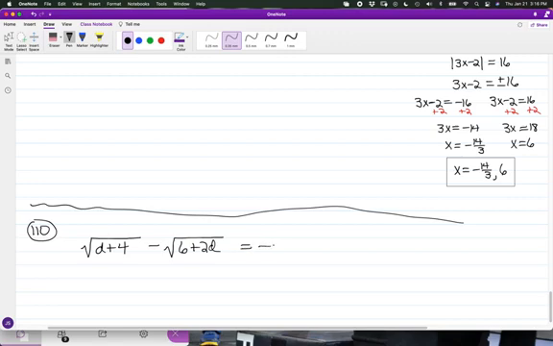So we've got a difference of radical terms. Both of these are expressed in terms of square roots, and we can isolate either one of these radicals. So I'm going to get the square root of d plus 4 by itself. So I'm just going to move this square root of 6 plus 2d over.